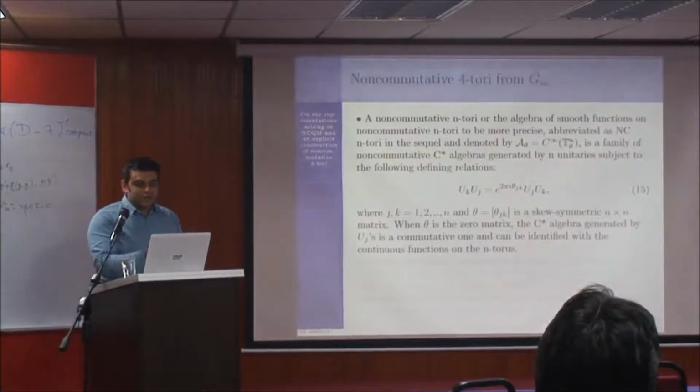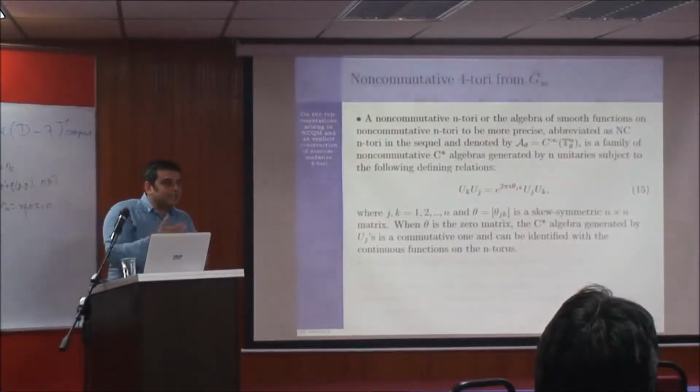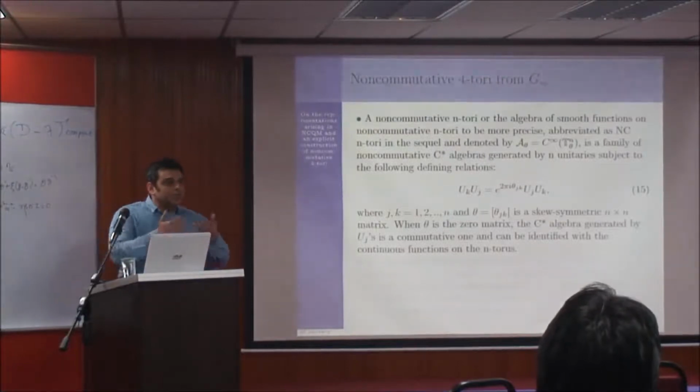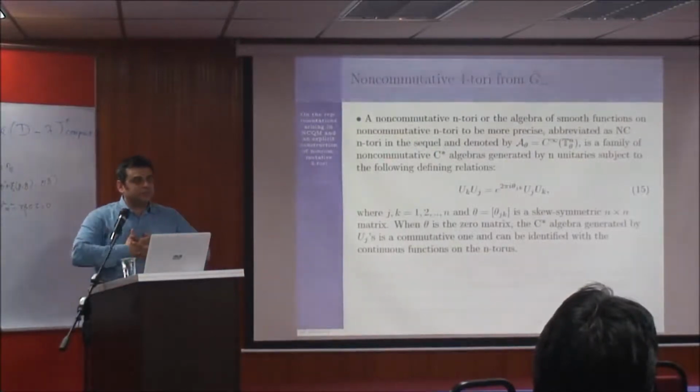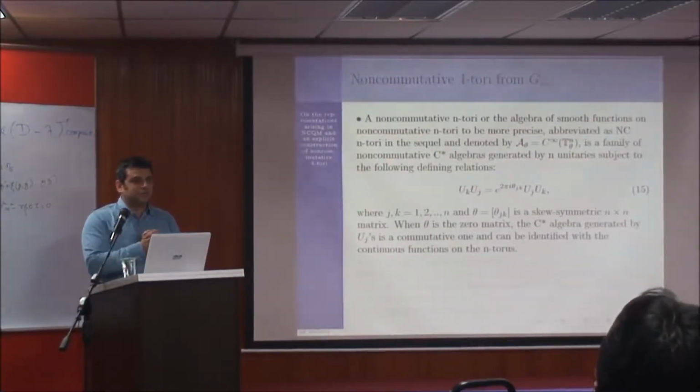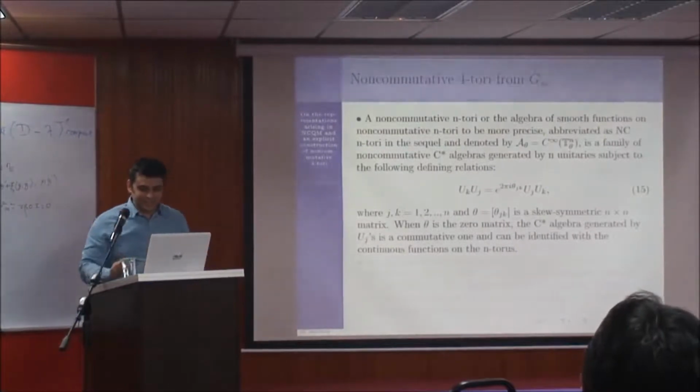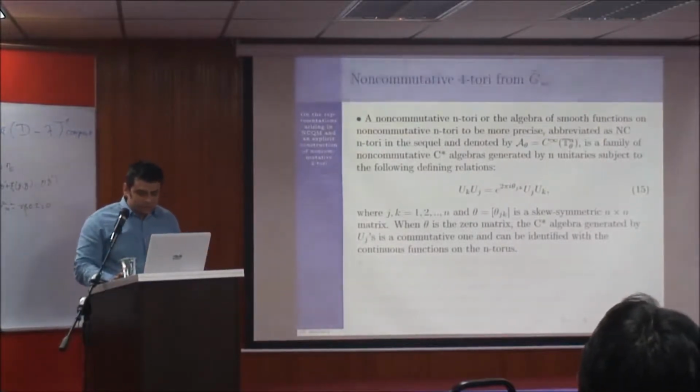So when you have all the U's commuting with each other, then it approaches the commutative C-star algebra. Okay, but I just find that notation confusing because it looks like some functions and some space, and it is not. All right.